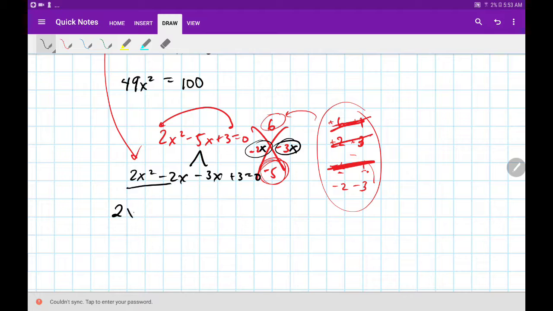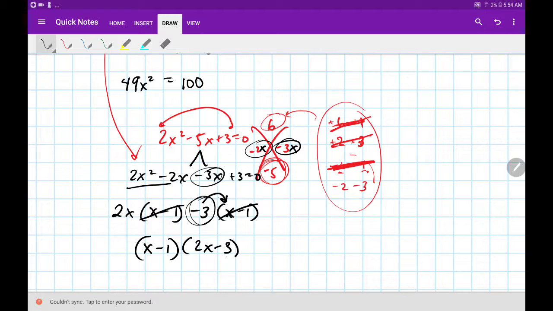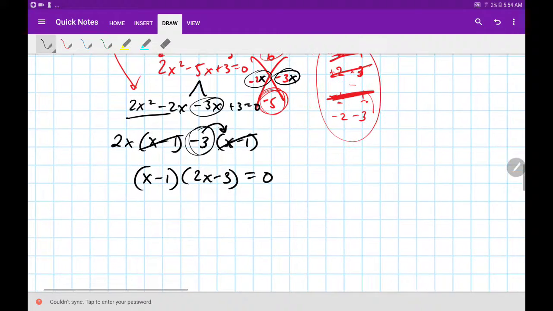You'll take out a 2 and also an x. We're left with x minus 1. So immediately this is x minus 1. Now what's that mystery number? What times x is going to give me minus 3x? The number is minus 3. So I've got x minus 1 because I take out the common guy, and the leftovers, I stick them together in a second parentheses.